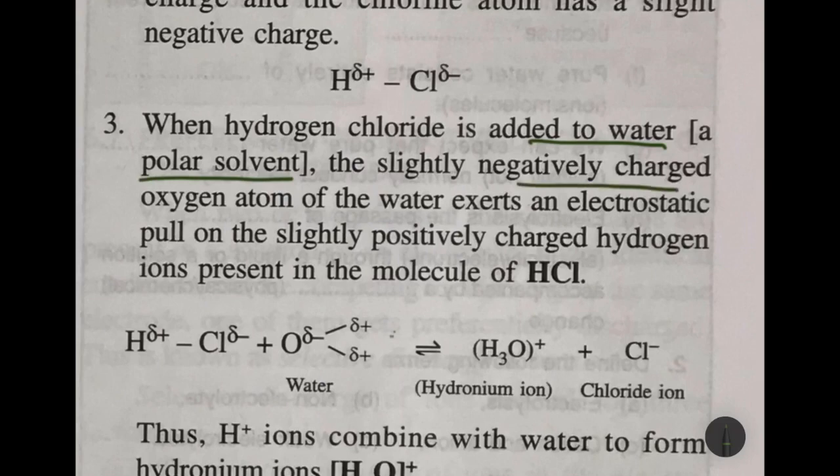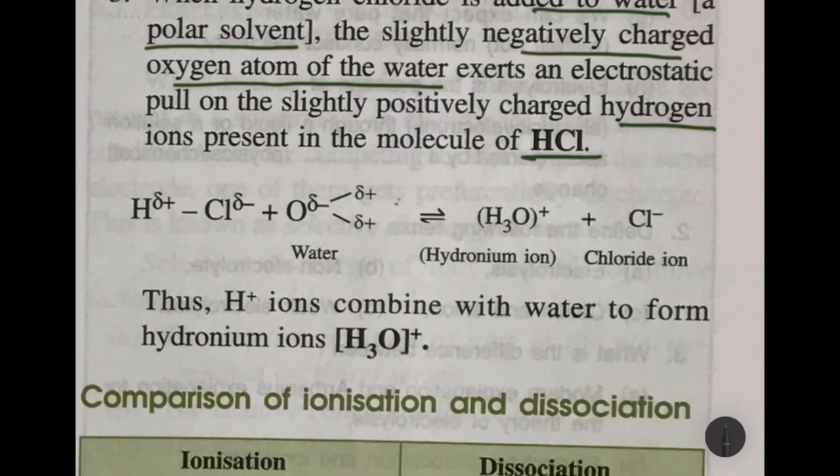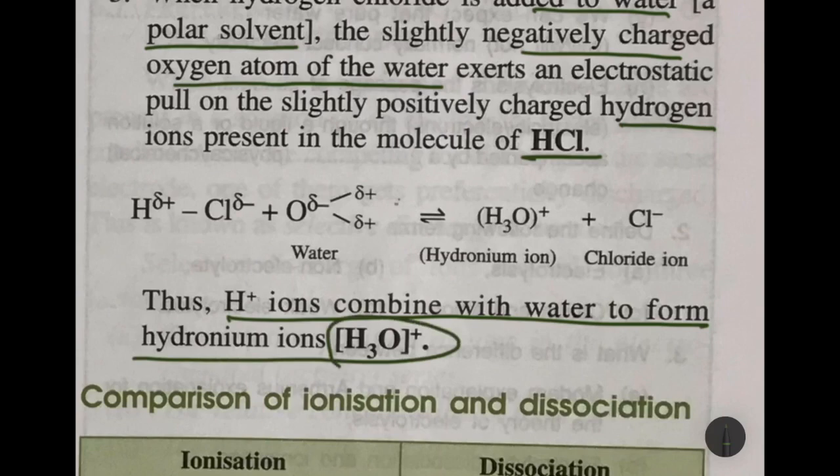The slightly negative charge of the oxygen atom of the water pulls the hydrogen ions present in the molecule of hydrogen chloride. The polar covalent compound, that is hydrogen chloride, will break up into ions. Thus hydrogen ions combine with water to form hydronium ion. We had learned the formation of hydronium ions in chemical bonding, if you remember.